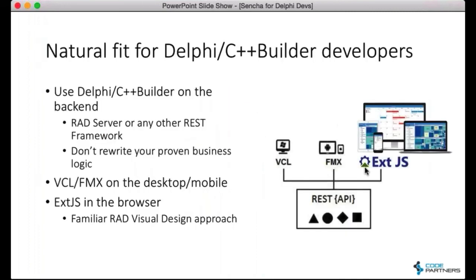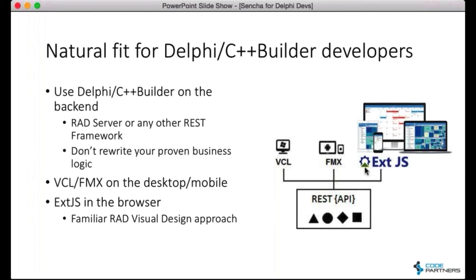In some ways I think that makes it a natural fit for this audience. We've done a few projects that look like this recently, not using ExtJS, but I'm particularly interested in doing that now. We had Delphi or CBuilder sitting on the back end, in most cases using RAD Server, but it could be whatever you want to use to serve up your API, so that you can migrate your code.